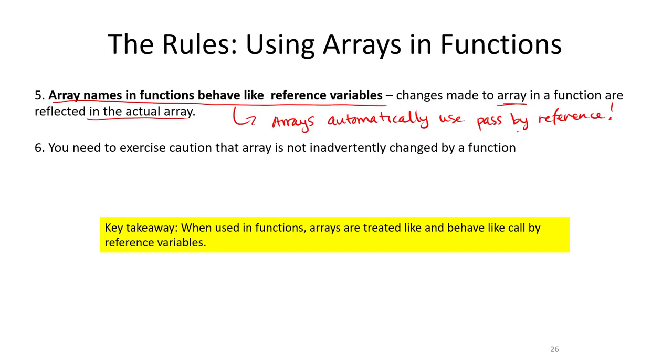Remember, the name of an array is actually a memory address, so it's just like pass by reference, where you're telling the function a location in memory where it should manipulate data. So please remember, arrays automatically use pass by reference.